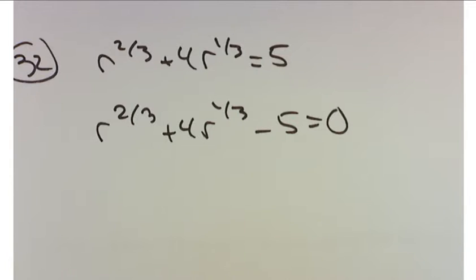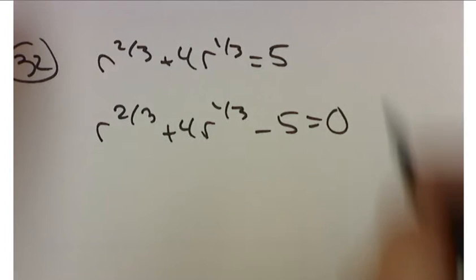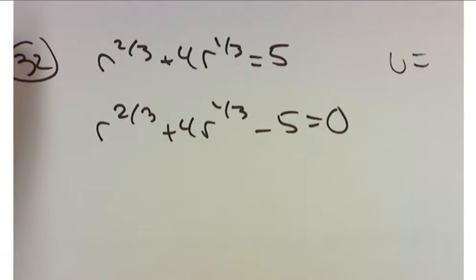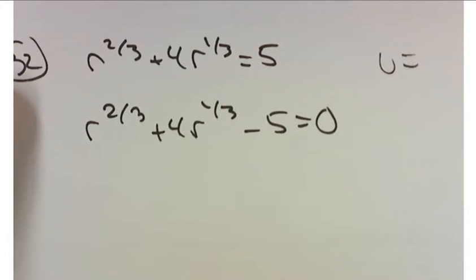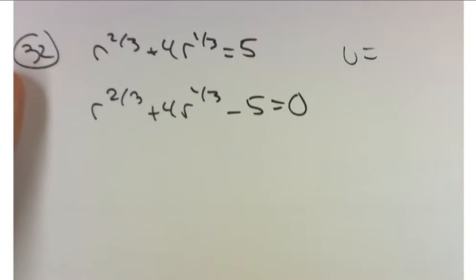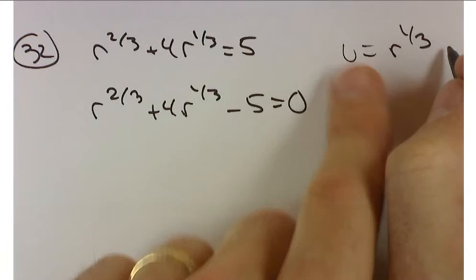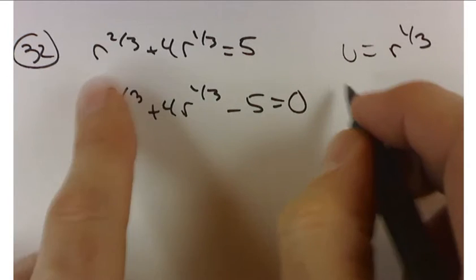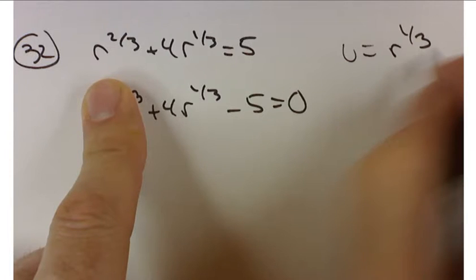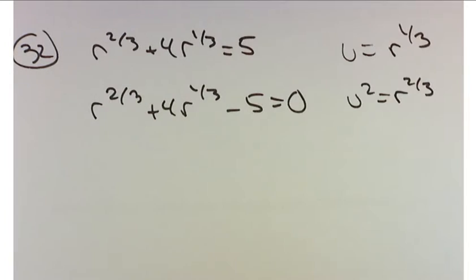All right, good. We're going to make a U-substitution. Amanda, what should we let U equal? R to the 1/3. Yeah. R to the 1/3. Now automatically, if U equals R to the 1/3, because this is quadratic in form, then U squared is going to be R to the 2/3. That happens automatically. So let's rewrite our equation.